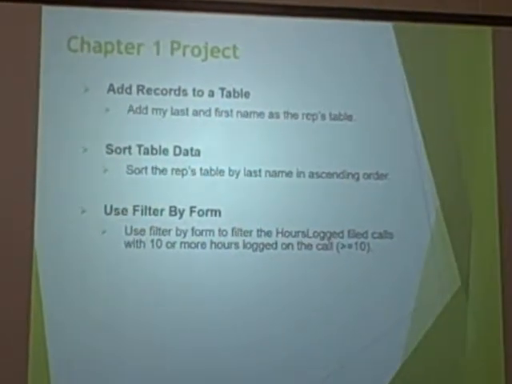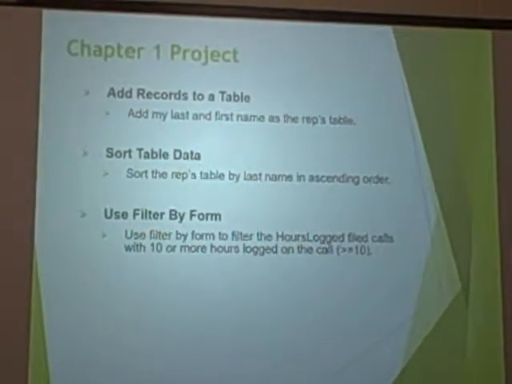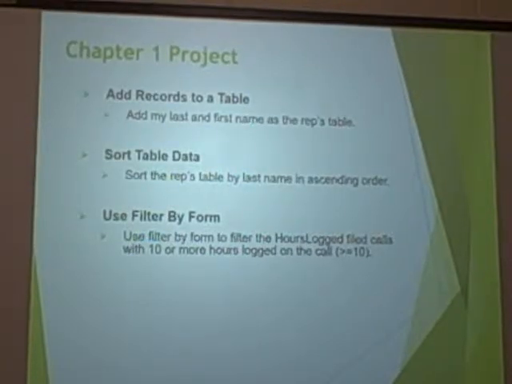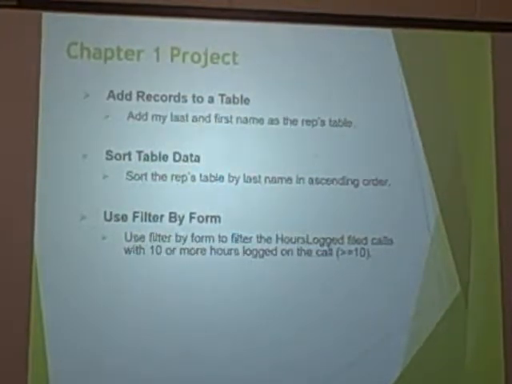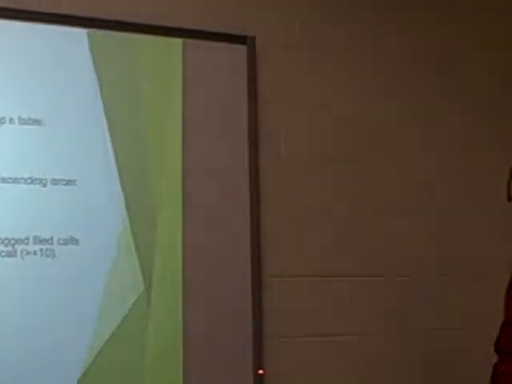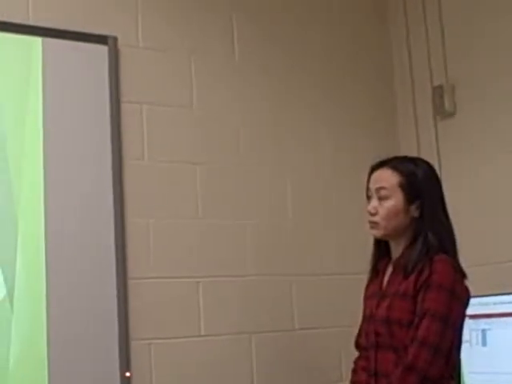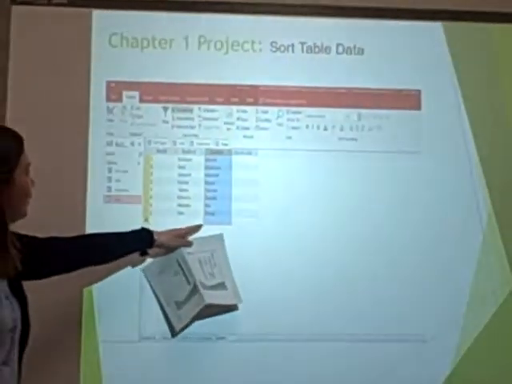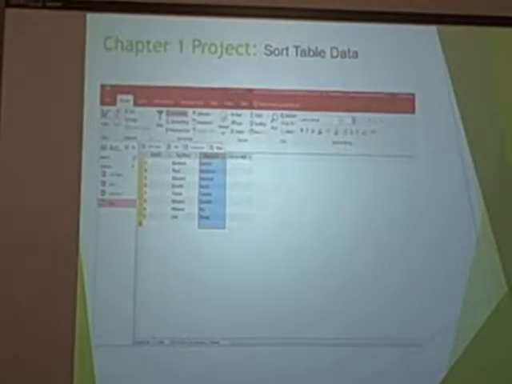The Chapter 1 project is to add records to a table: add my last name and first name to the Reps table. The second part is to sort the table data, for example, sort the table by last name in ascending order.